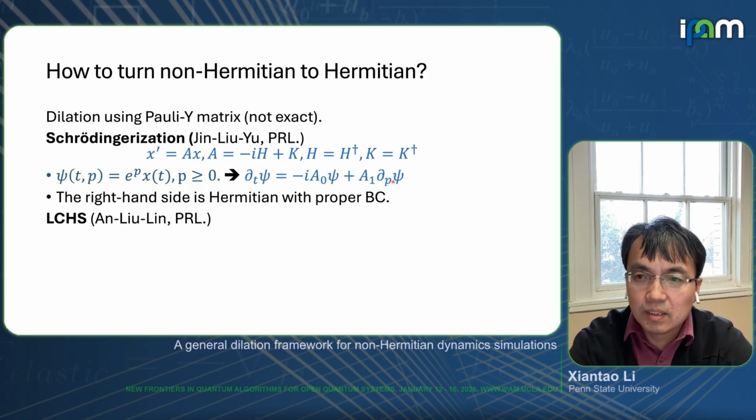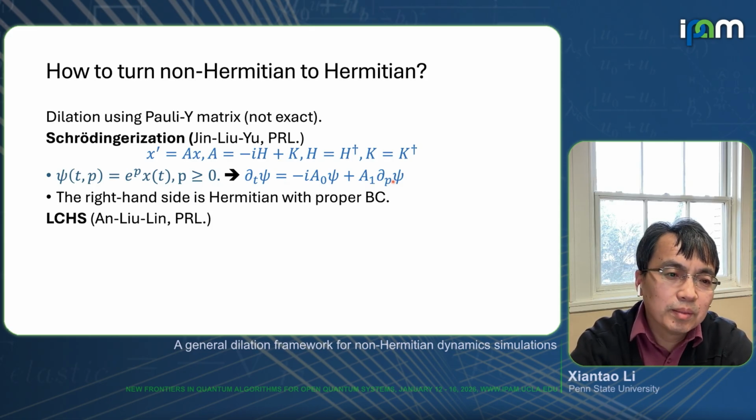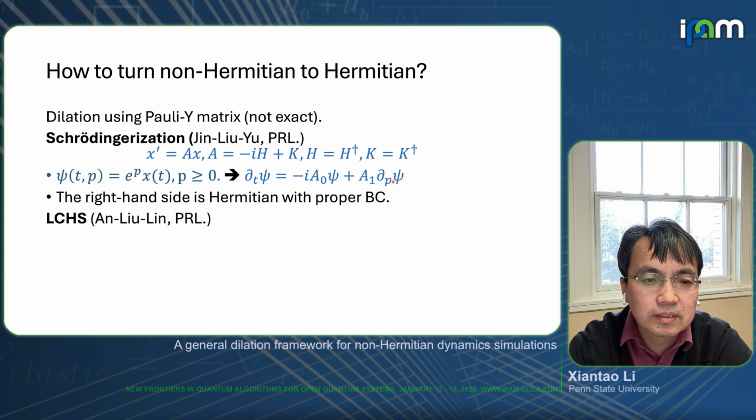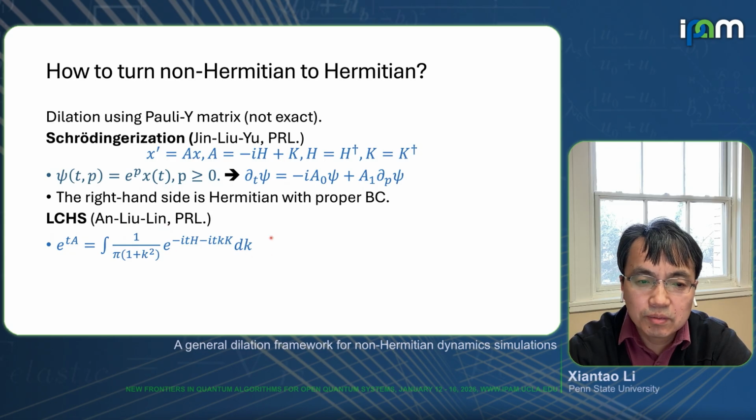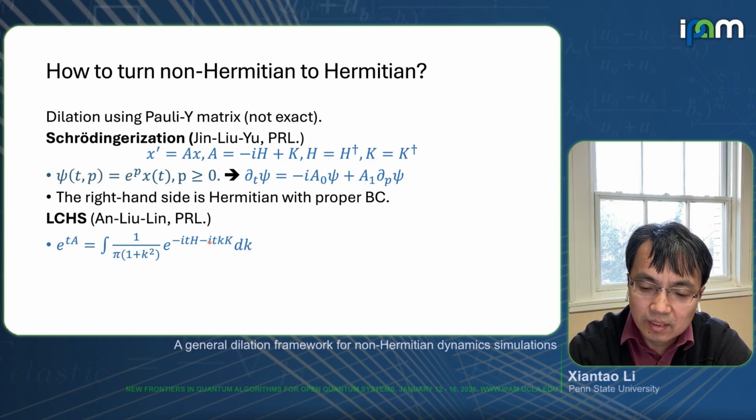Now, another important development is the linear combination of Hamiltonian simulations. This is based on the following formula for representing the dynamical map for this dynamics here. And this is written as an integral here, where on the right-hand side, you are seeing these matrix exponentials, but suddenly in front of the matrix K, you get this extra i.